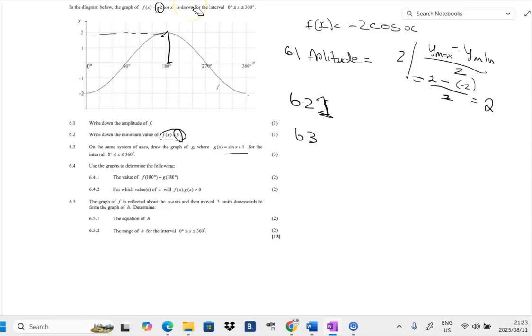So we have our new axis at 1 for our new graph.